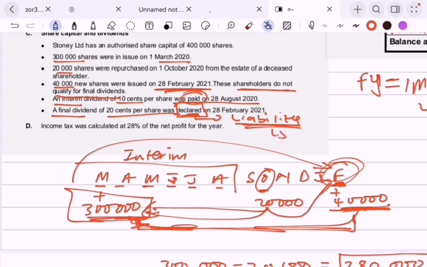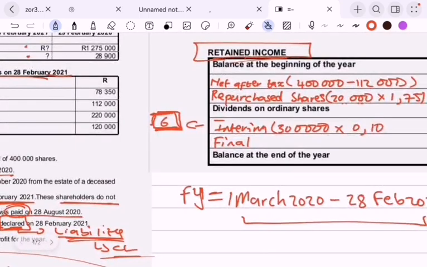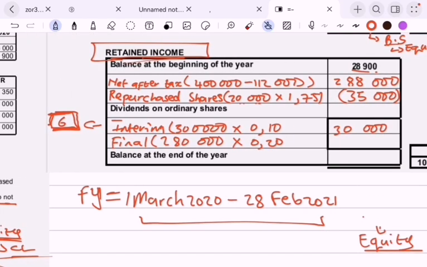So this one has to go straight under your current liabilities because it's payable within next year's financial year. So you immediately take your 280,000 shares, you multiply with your 0.20. And when you calculate that, you will get your beautiful 56,000.